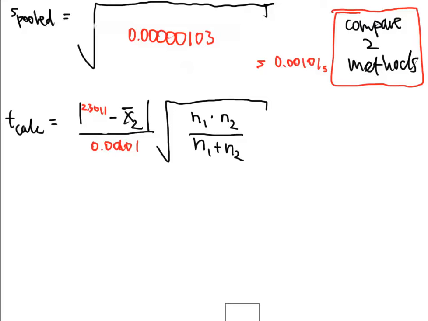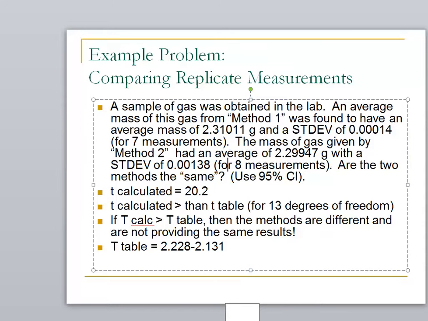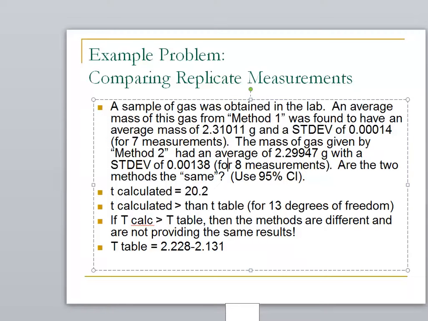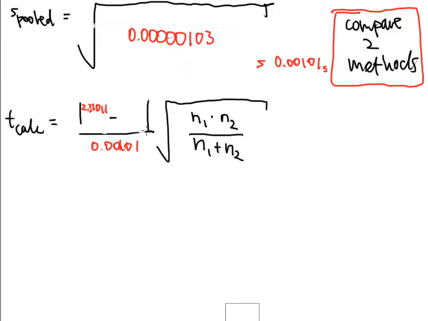And then my X bar 2 is the average from the second method, and that's a 2.29947. My N1 is a 7, my N2 is an 8, and again my N1 is a 7 and my N2 is an 8.